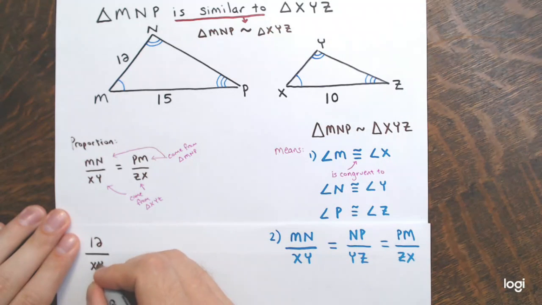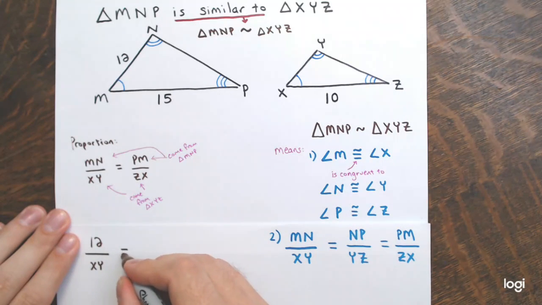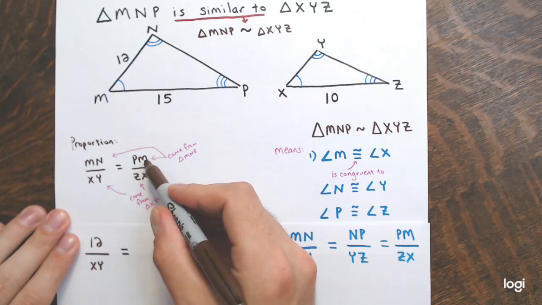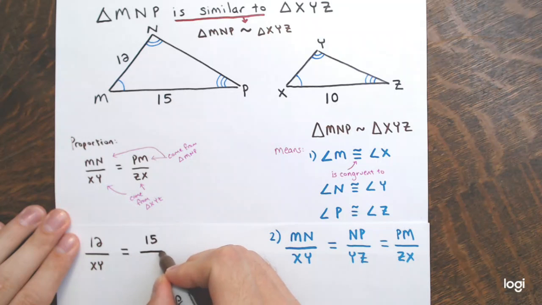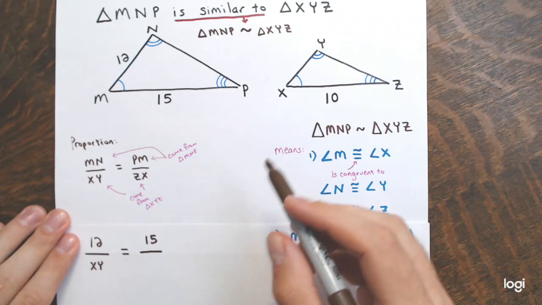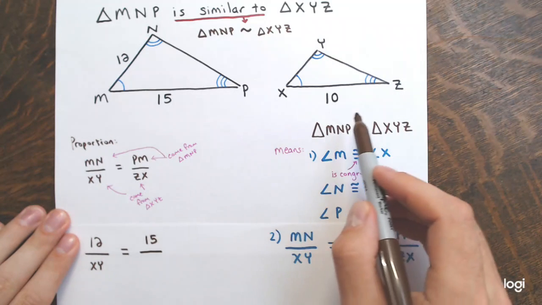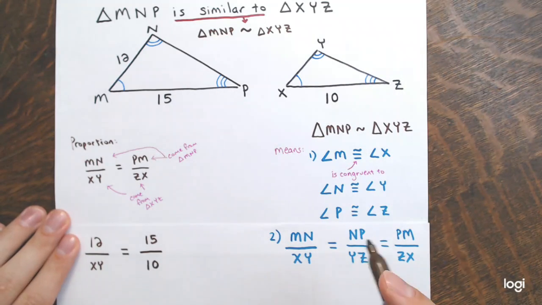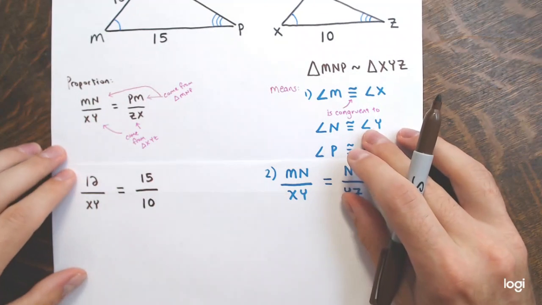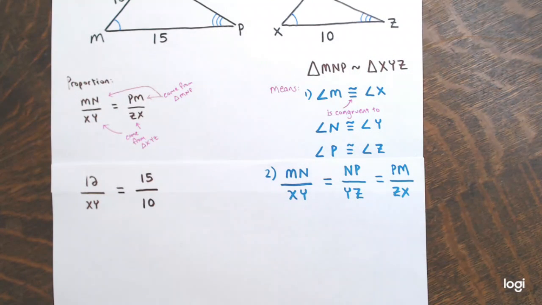That's just the length of one side. Equals, and then the length of PM, P to M, is 15 units, right? It's right there. Over, and then the length of X to Z or Z to X, that distance is 10 units. Alright, and then we have this proportion to solve.